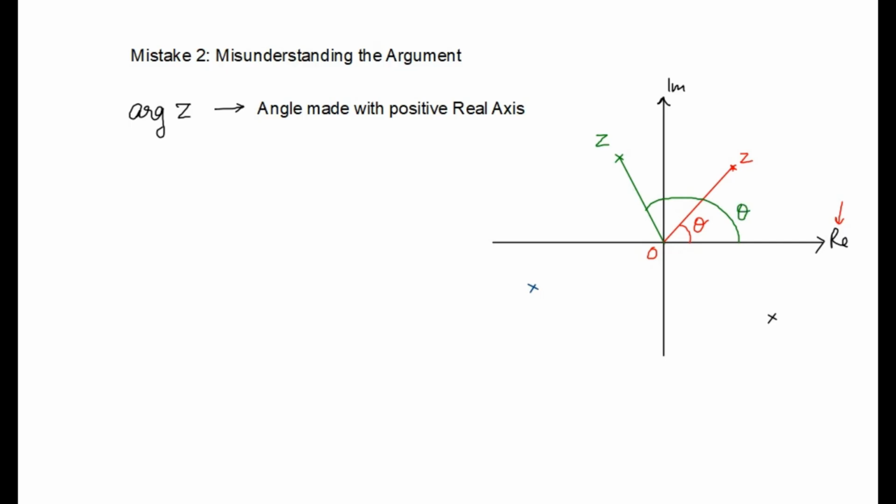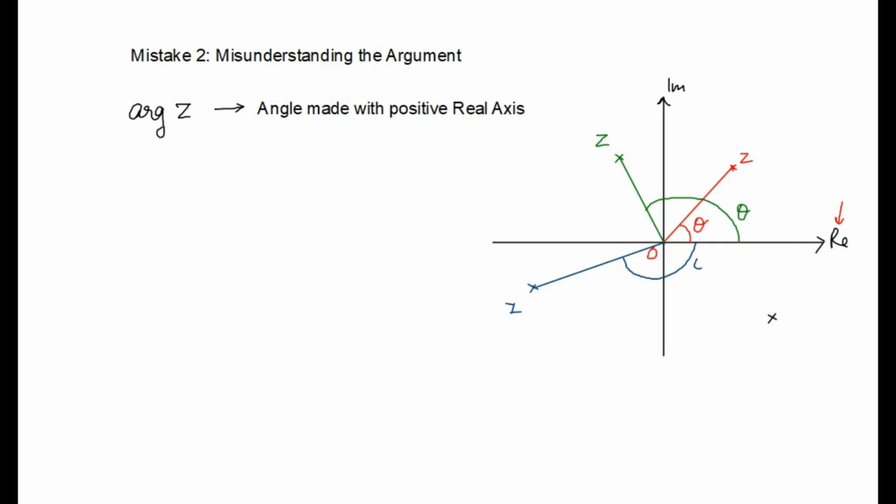Similarly, in the third quadrant, I've marked it in blue. To find the argument, join z to the origin, and the angle that it makes with the positive real axis would be this.